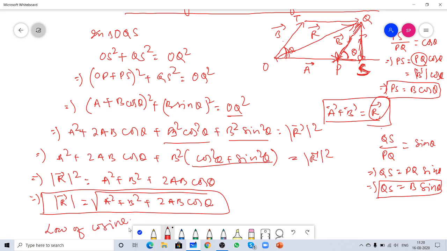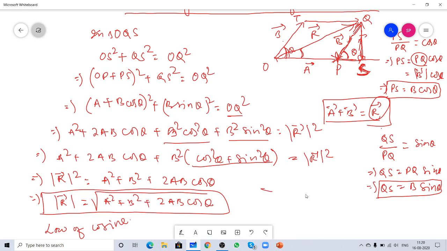Now we'll discuss law of sine, and also we'll find out the angle between the resultant and the vector A. So here let us solve one example, then we'll go to those discussions.